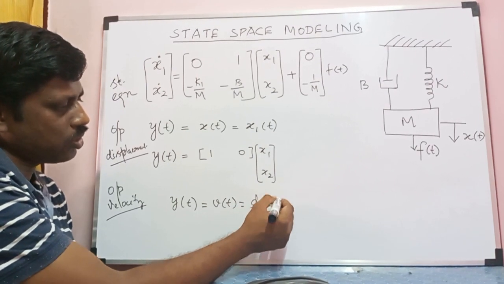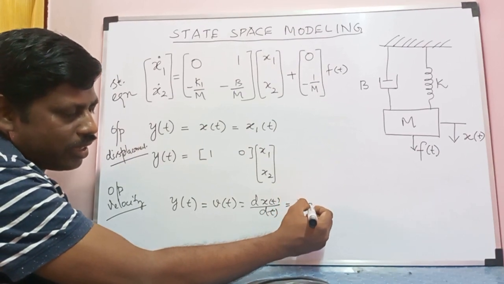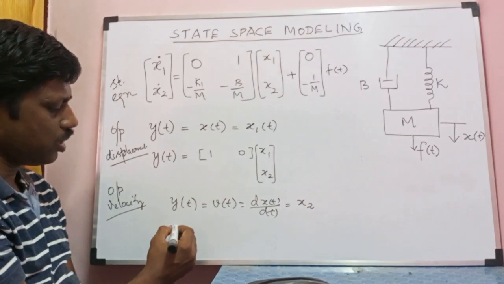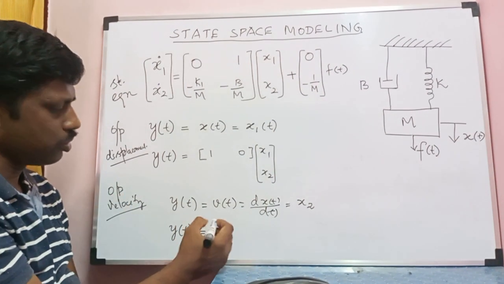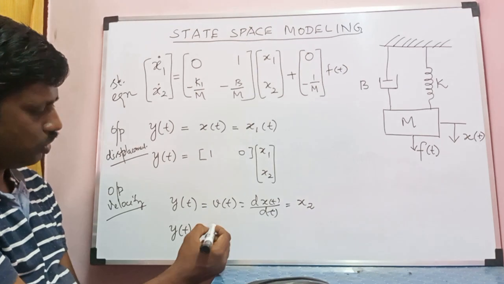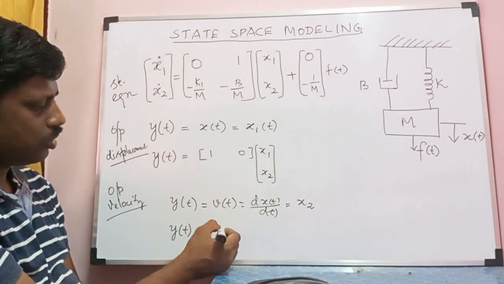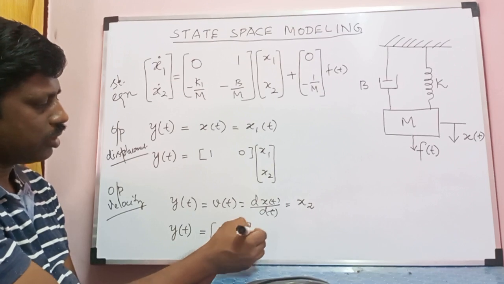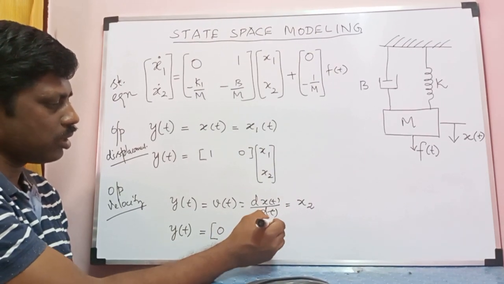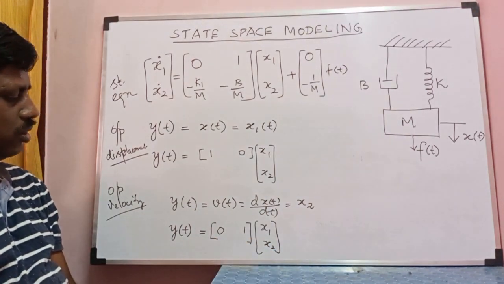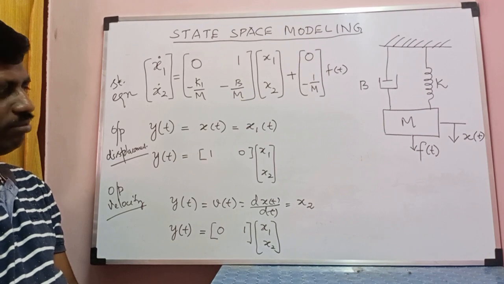In terms of state variables, it is nothing but x2. So shall I write it in matrix form? y of t is equal to 0, 1, times x1, x2. Amazing. So now this is my output equation.